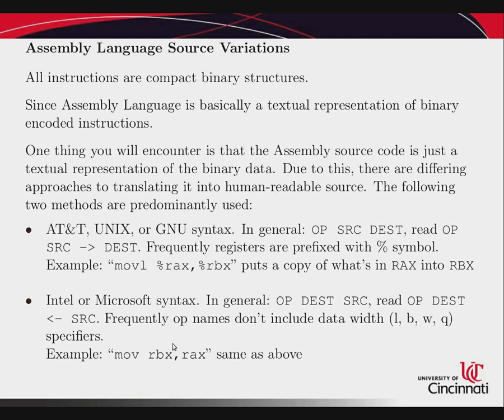So as the name would suggest, this is the syntax that Intel was popularizing using in their technical documentation. And then this was the one that AT&T commonly used in their Unix operating system, which came out of UC Berkeley's computing systems lab and all that stuff.